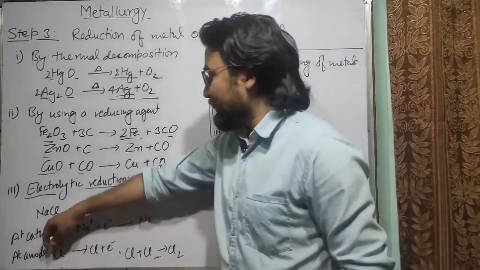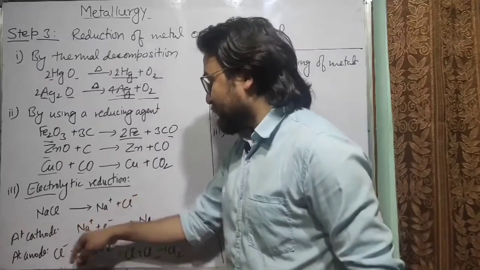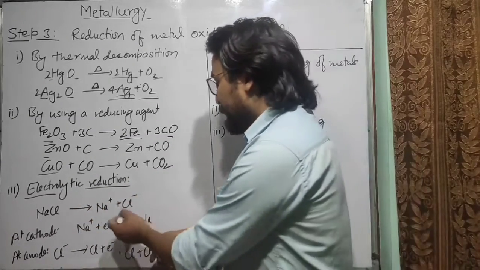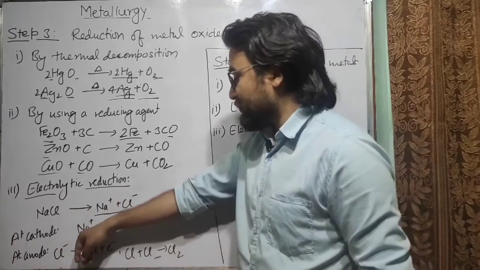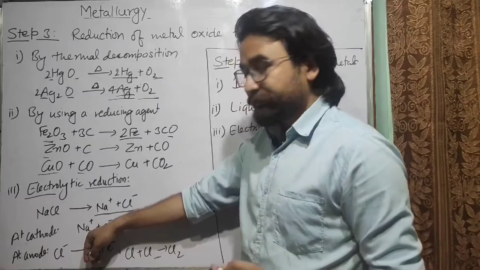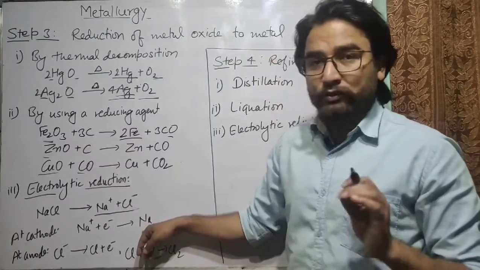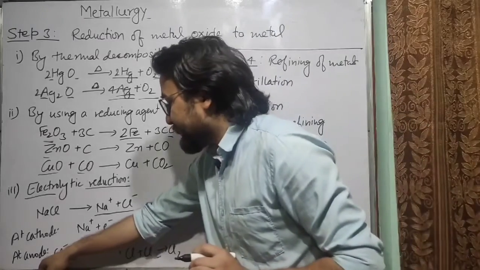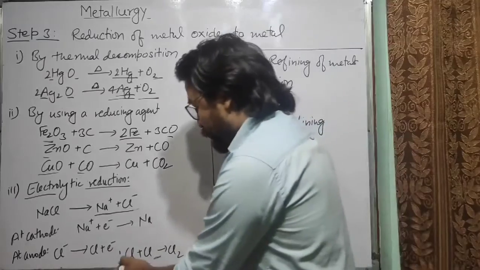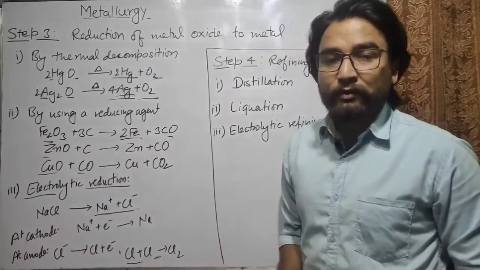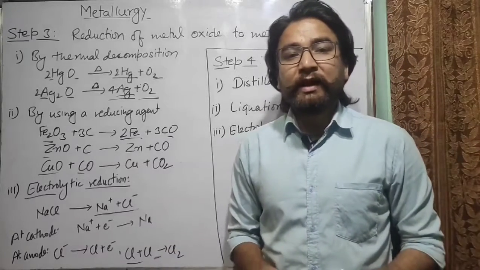So for example, if NaCl is used, NaCl will give Na plus and Cl minus ions, so we get Na plus, which will move towards the cathode and get converted to a sodium atom. Similarly, at the anode, chloride ion will form a chlorine atom. Two chlorine atoms will combine to form chlorine gas. So you get sodium deposited at the cathode.